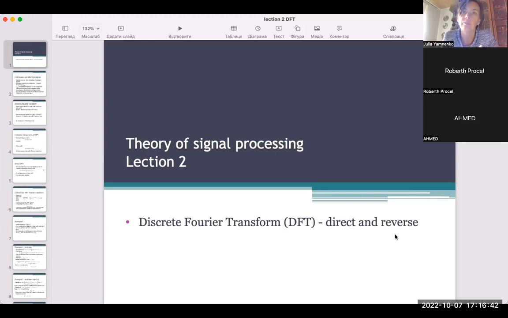And as a result, we will obtain the Fourier spectrum. Actually, it will be discrete Fourier spectrum, or shortly DFT spectrum. And using the reverse transform, we will be able to return back to the original function if we know the Fourier image, so we will be able to calculate the original function.